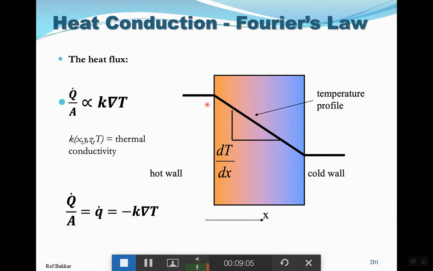So that's proportionality. And you know from mathematics, a proportionality can be turned into an equation if you add a constant. Now that constant for us is K. Remember guys, again there is a typo here, there shouldn't be a K in the proportionality.